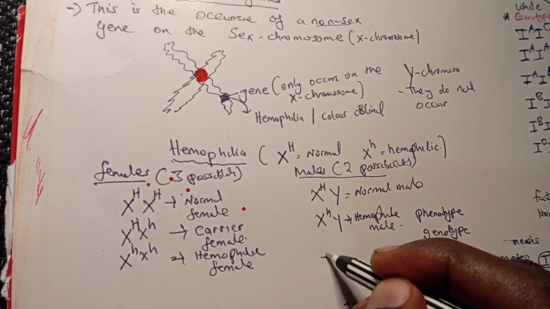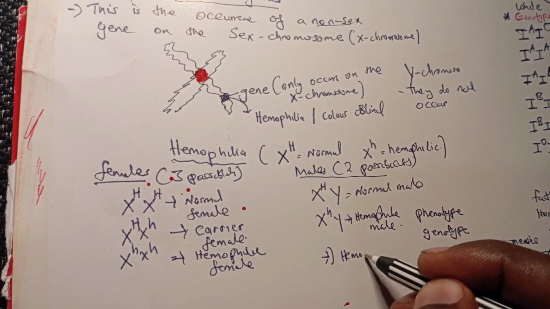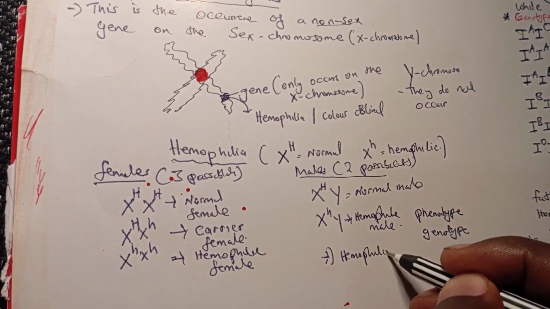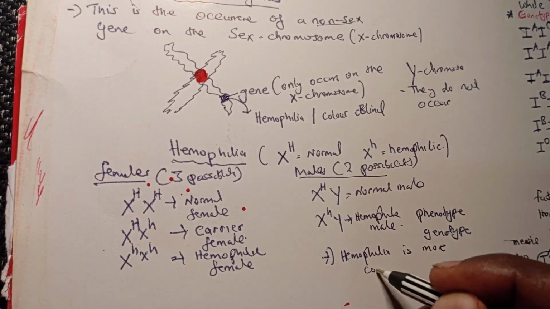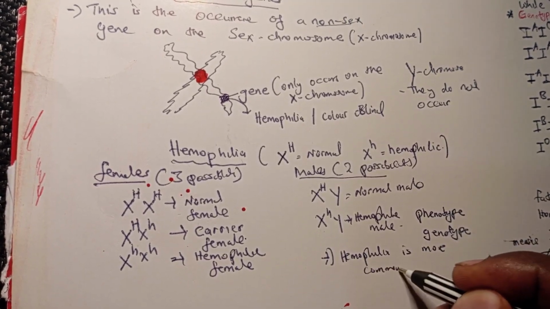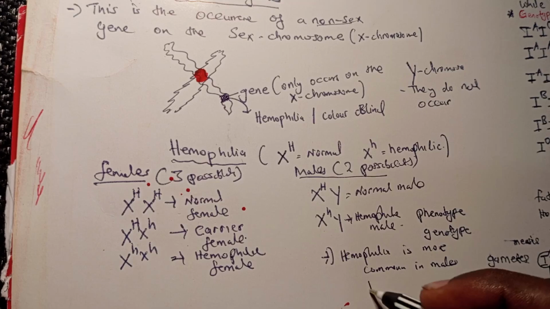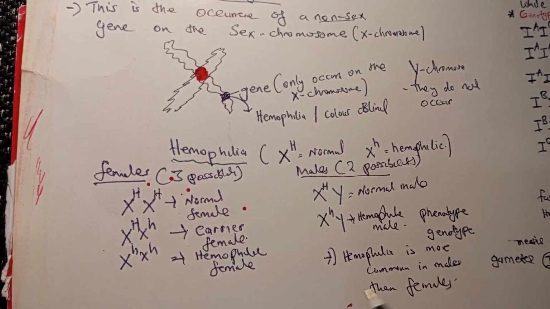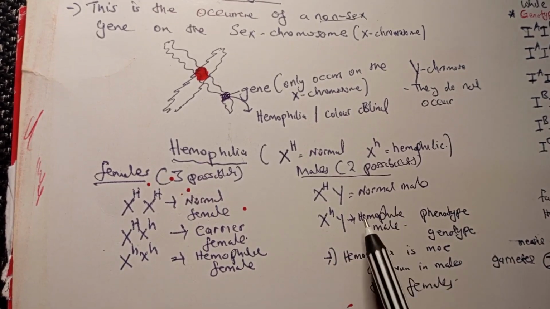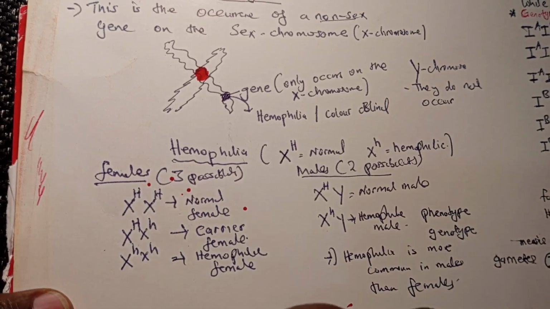Because of this, hemophilia is more common in males than females, because males have no carriers. You either have it or you don't. Once you inherit it, you are already hemophilic.